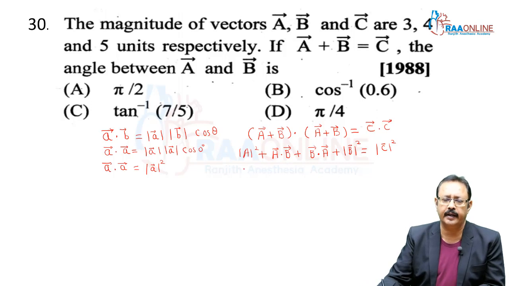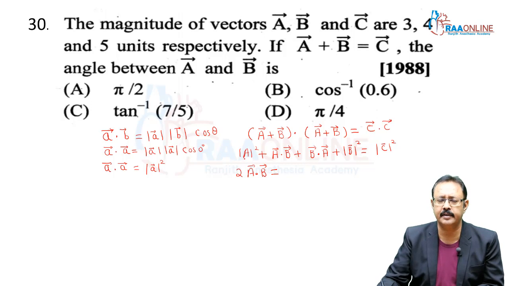So what am I getting? 2A dot B. The modulus of all are given. Take these terms on that side. What is the modulus of C? 5. 5 square is 25.